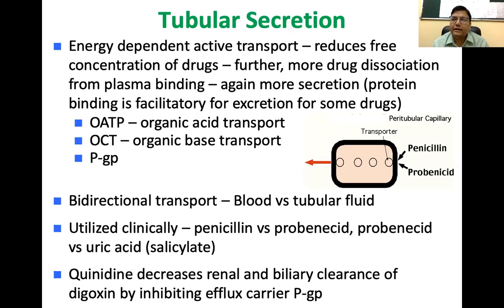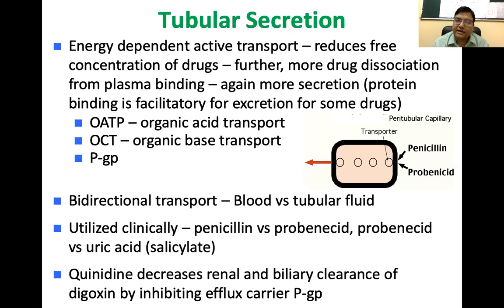So uric acid, an endogenous substance which was thought to move in the opposite direction, remains in the tubular fluid and comes out in the urine. So probenecid became the uricosuric drug.